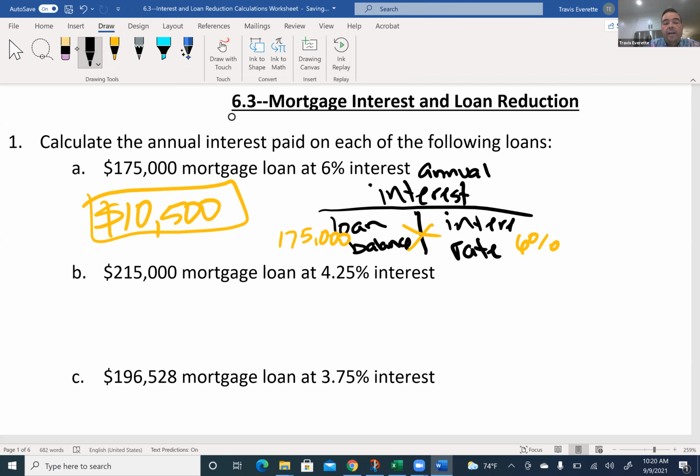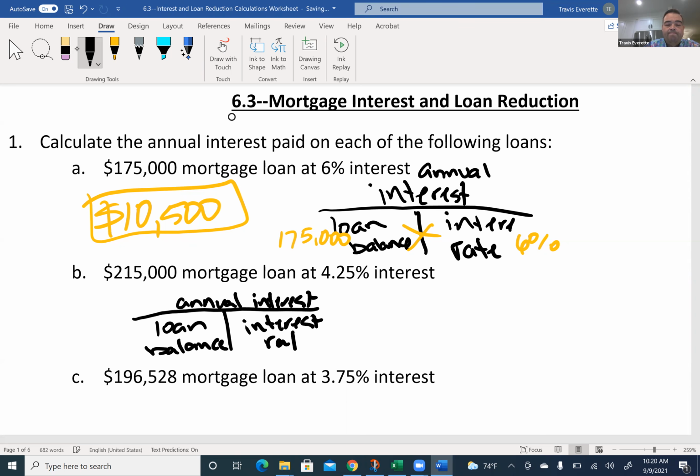So if we look at the second one here, they still want us to calculate the annual interest. And we know our T-bar is the same. So annual interest is going to be equal to the loan balance times the interest rate. Okay. So let's see what information they gave us.